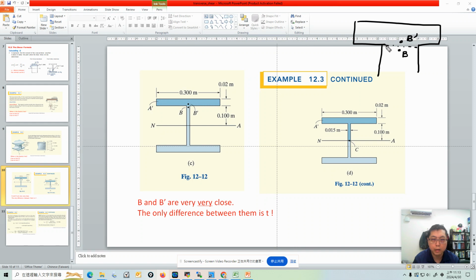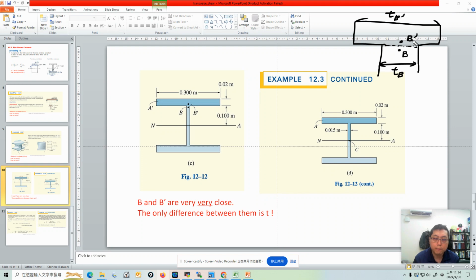B prime is right above, a little above this dash line, and B is a little below the dash line. They are very close to each other. Their only difference is their thickness. B prime has this thickness, and B has this thickness. The thickness here is TB, and the thickness here is TB prime.